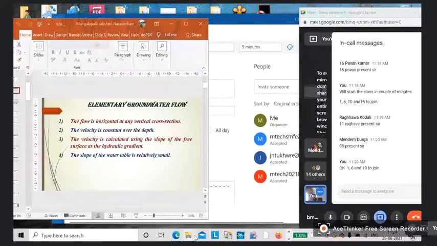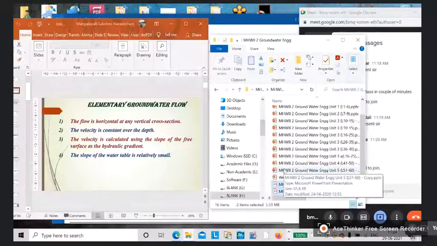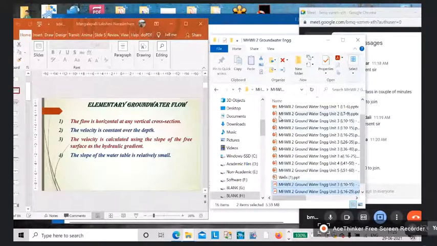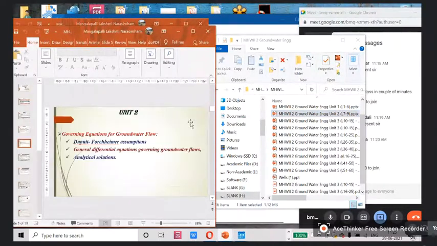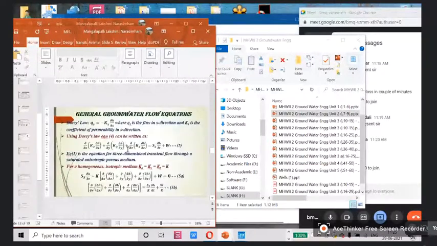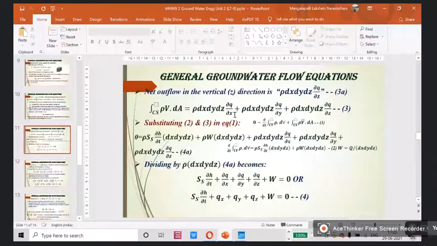Now, if you recall what we had done in our earlier unit, we had taken the general groundwater flow equations we have studied.